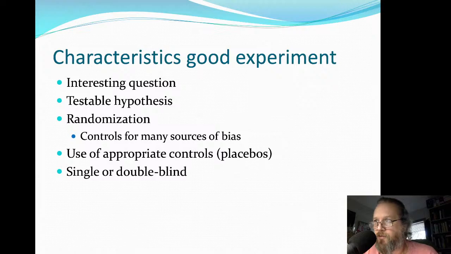If you don't know what treatment the subject received, then even though you want a certain outcome, you have no way of intervening, short of outright fraud, to manipulate the response in the way that you want. So the results will fall out however they will. And so double-blind, controls, randomization, testable hypotheses, those are characteristics of what we call good experiments.